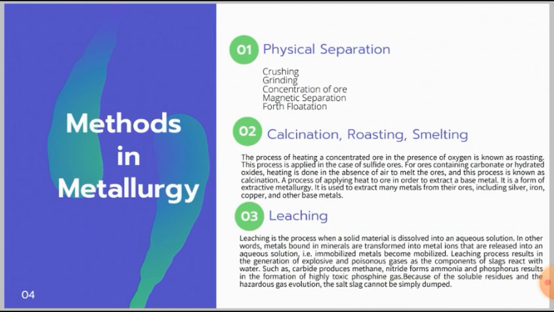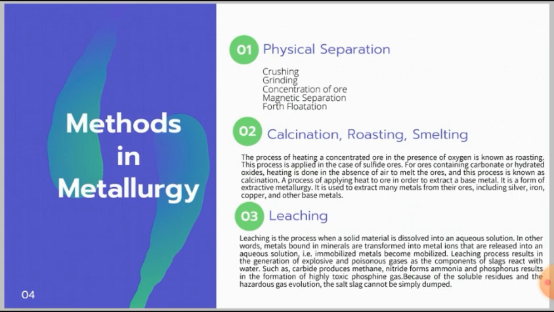So when ore is first shifted into an industry or a metallurgical plant, it is subjected to physical separation, which involves crushing, grinding, concentration of ore, magnetic separation, or froth flotation process. These are different methodologies, especially physical methodologies, which are used for physical separation of metal from the rest of the impurities.